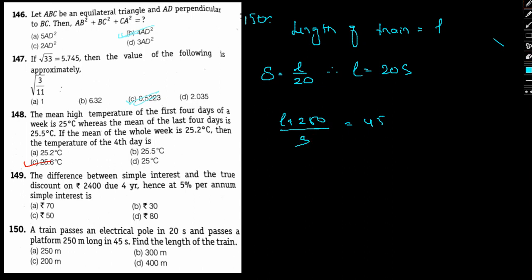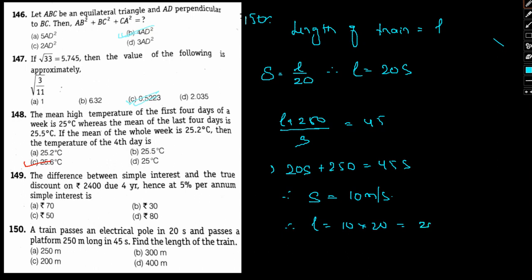So here L can be written as 20S, plus 250 equals 45S. Therefore the speed in this case comes out to be 10 meter per second. So the length will be 10 into 20, that is 200 meter.